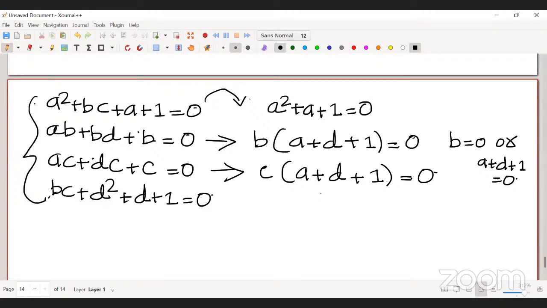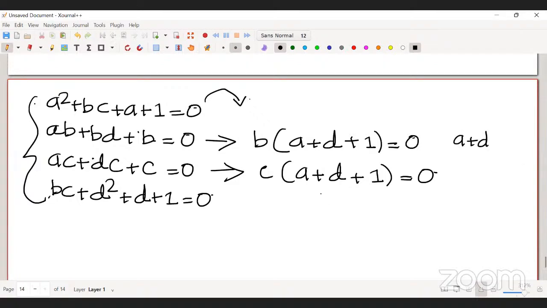Does this equation have a real solution? No, sir, imaginary solution. So then certainly you will not get a real matrix, right? But we want a real matrix. So B cannot be 0. Is it clear till now why B cannot be 0? Yes. So that means A plus D equal to -1.